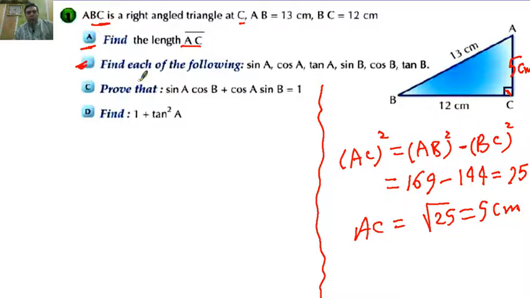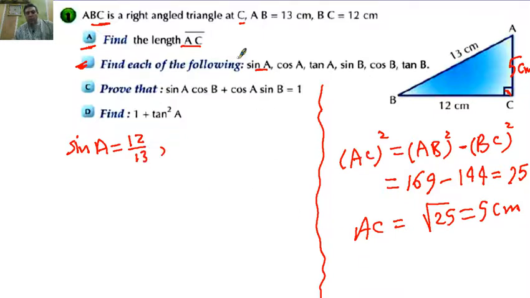Number B, find each of the following. Number 1, sine A equals opposite 12 over hypotenuse 13.